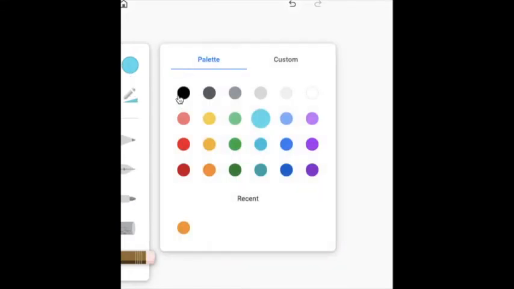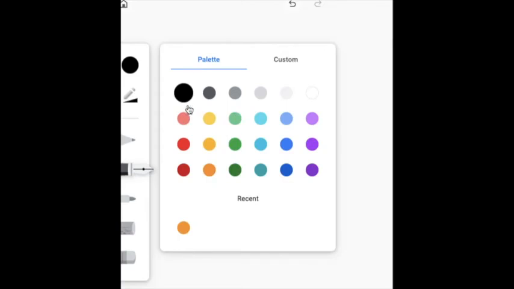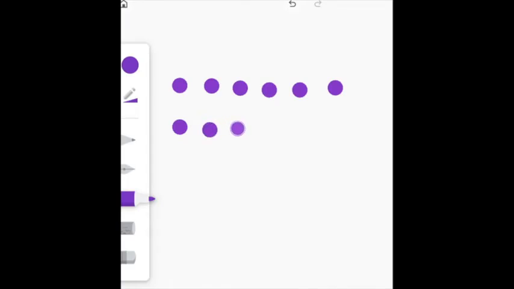Now I'm going to tell you a story about a girl named Eva. And Eva was making cookies. She put her cookies in 2 rows of 6. 1, 2, 3, 4, 5, 6. 1, 2, 3, 4, 5, 6.